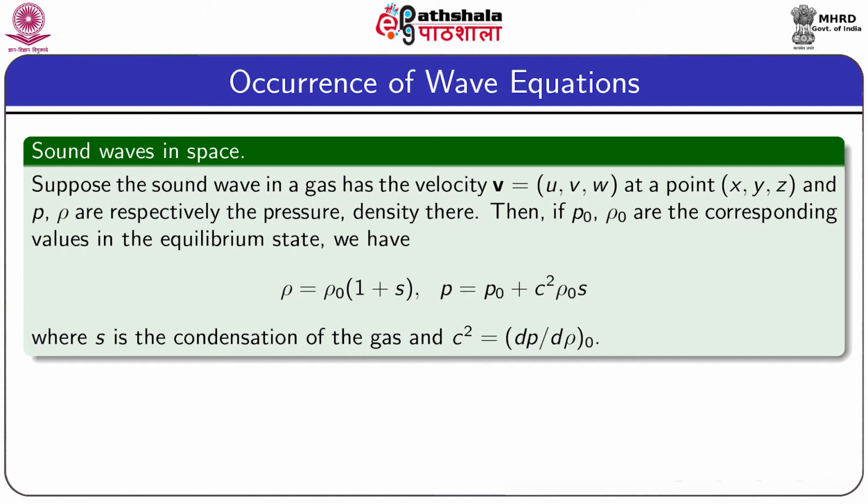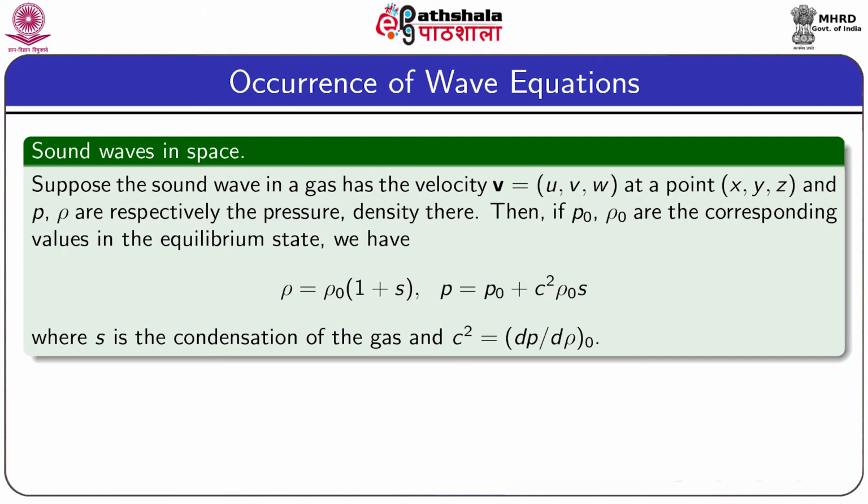Now, we are going to discuss sound waves in space. Suppose the sound wave in a gas has the velocity v, which has components u, v, w at a point x, y, z, and p, rho are the pressure and density respectively.